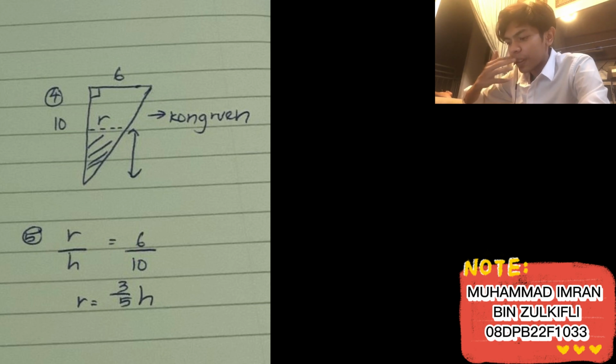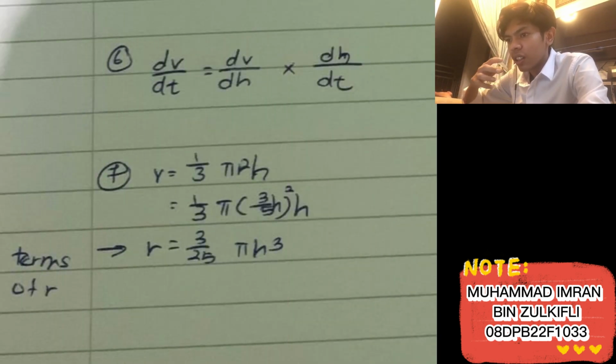Next, move on to number 6. We are going to find dV/dt, with dV on top and dt on the bottom.